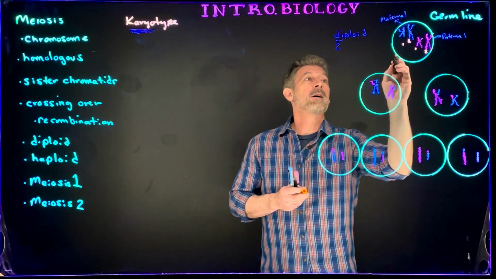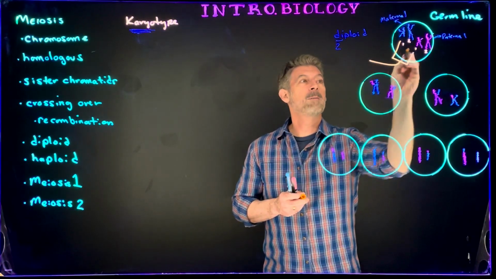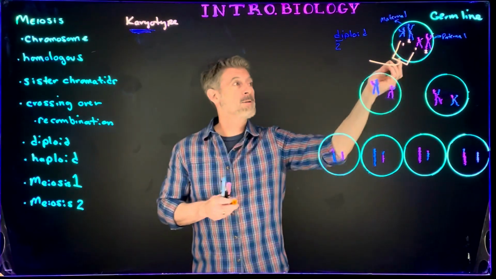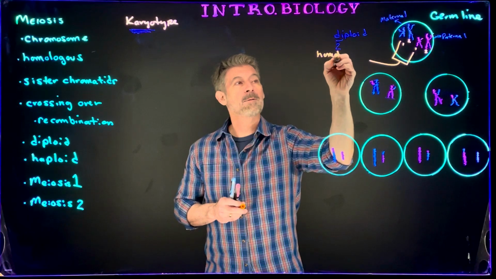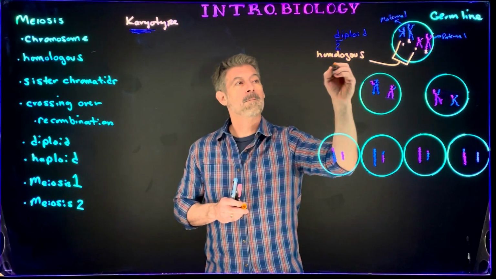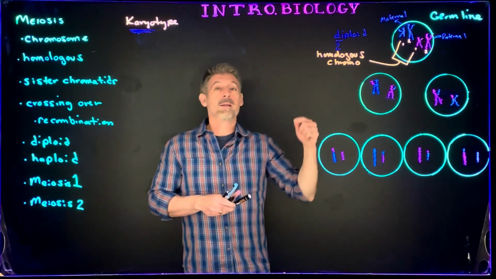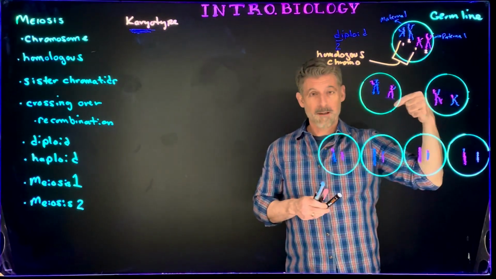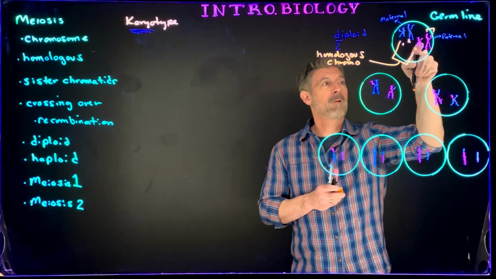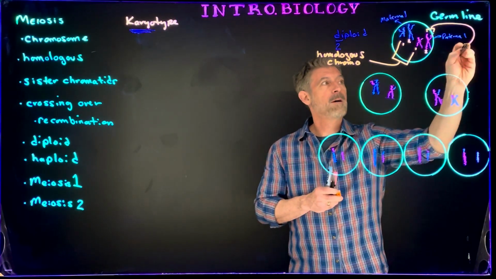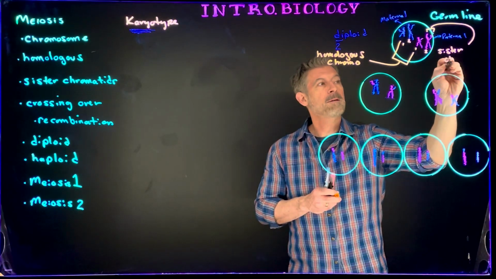The chromosomes that are the same, so say chromosome number 1 from the mother, chromosome number 1 from the father, these are homologous chromosomes. The now duplicates, the one of each, and this goes for all of them here. Remember, we refer to those as sister chromatids.